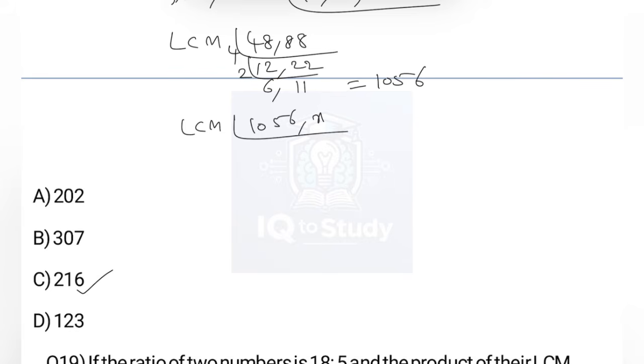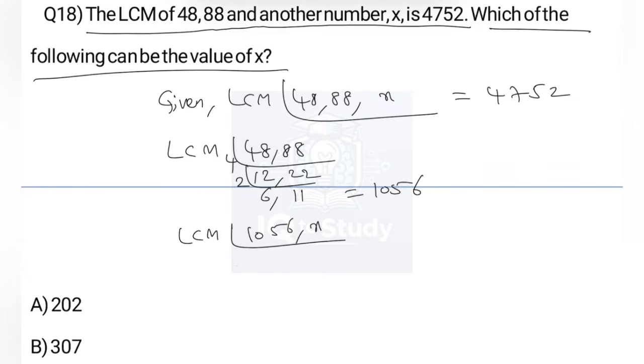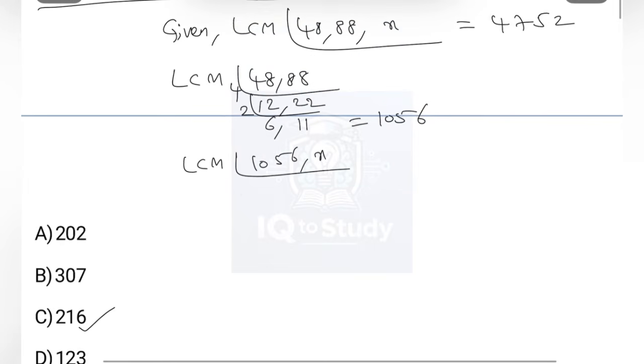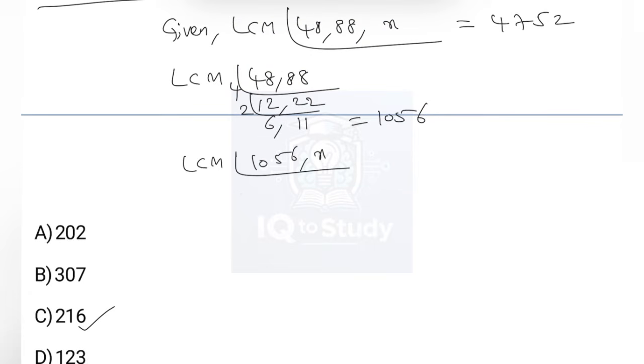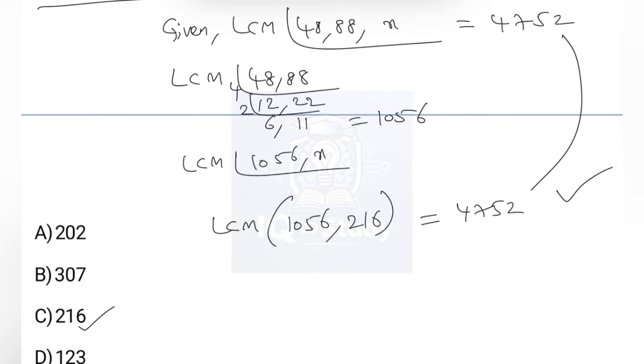Check with option C. If we take option C, which is 216 as x, then the LCM of 1056 and 216 is exactly equal to 4752 as given in the question.